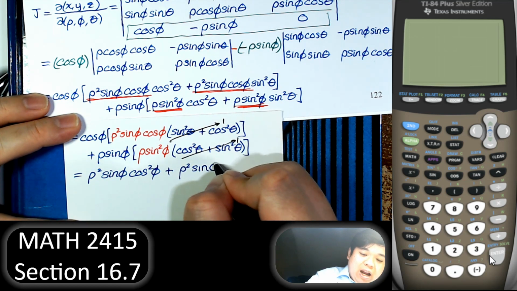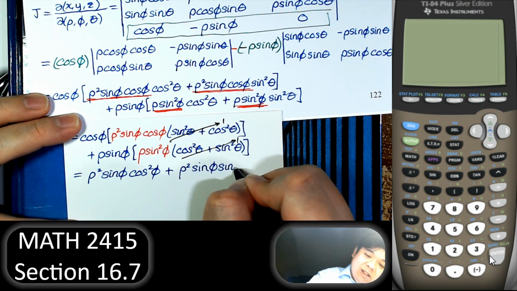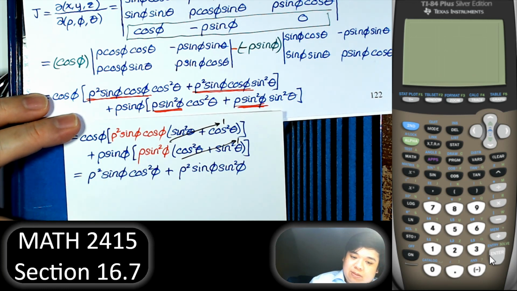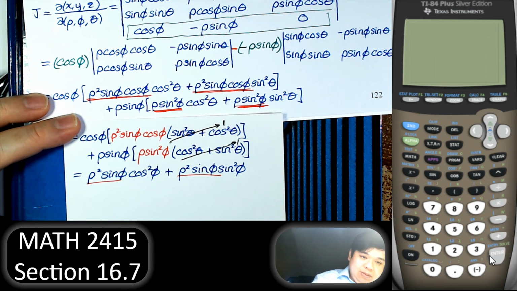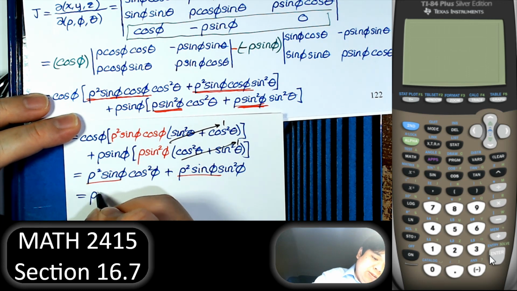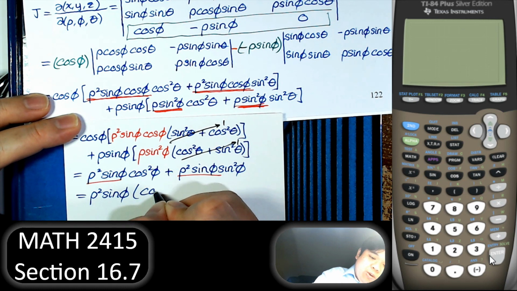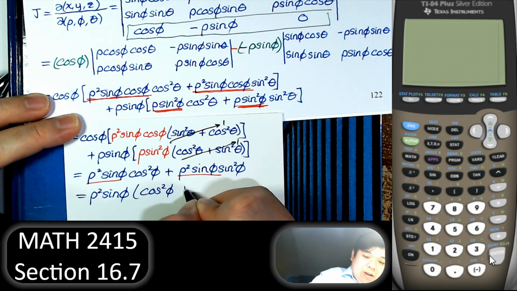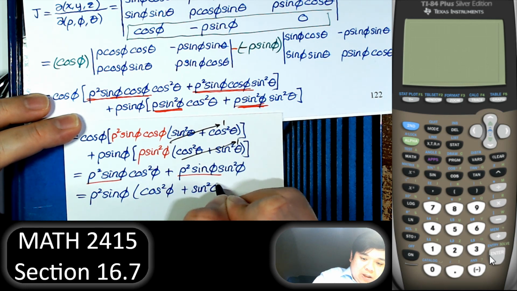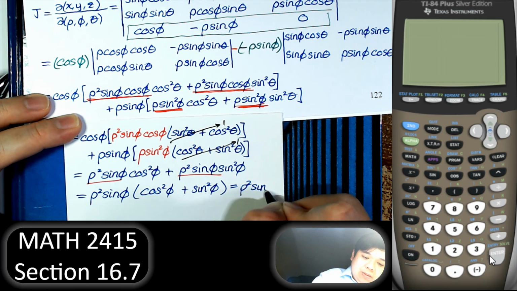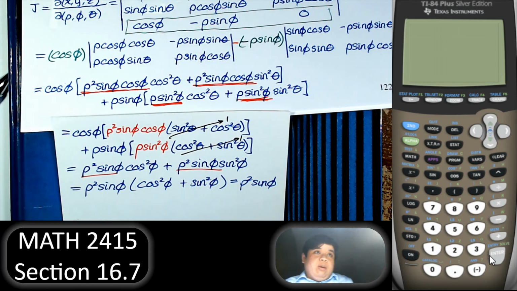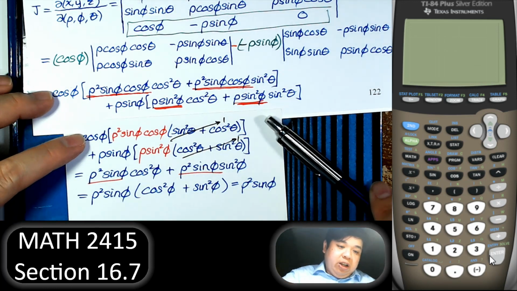But I'm not multiplying it out, just leave it. So once again, factor this out, and cosine square plus sine square is 1.